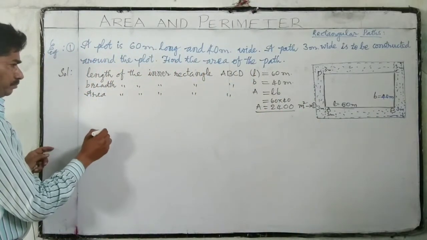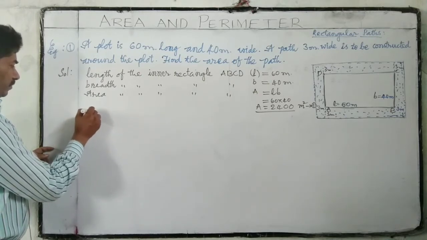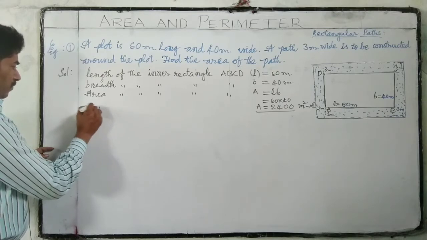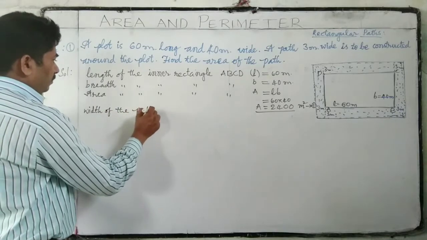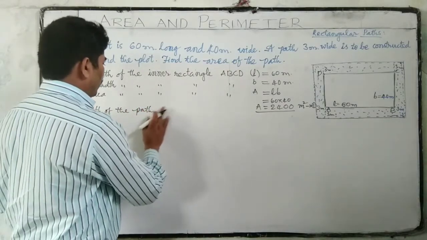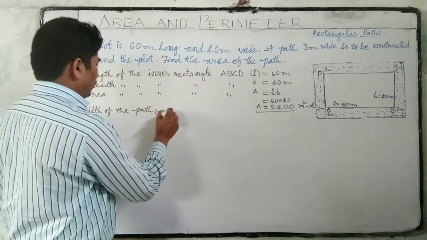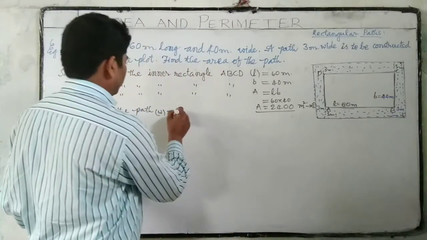Next, width also given. Width of the path W is equal to 3 meters.